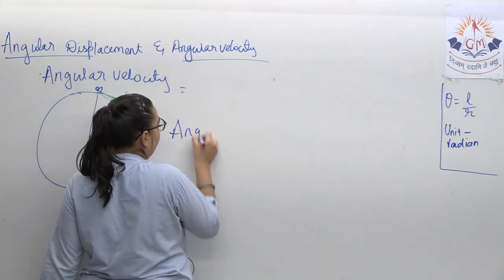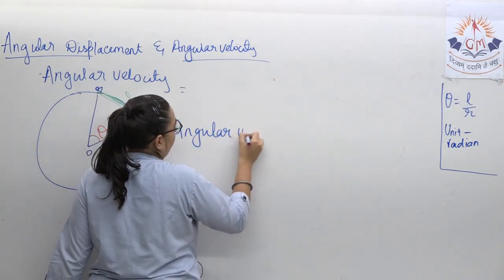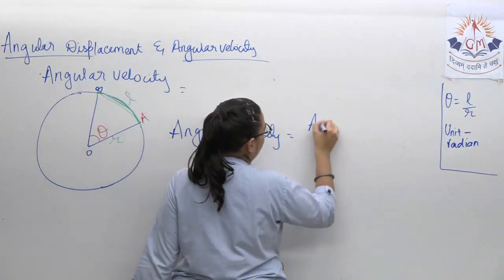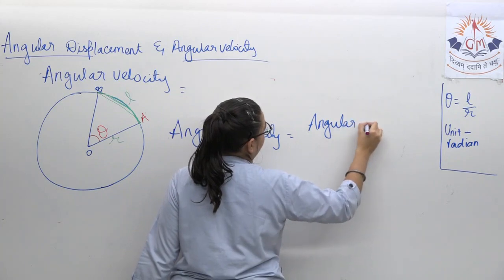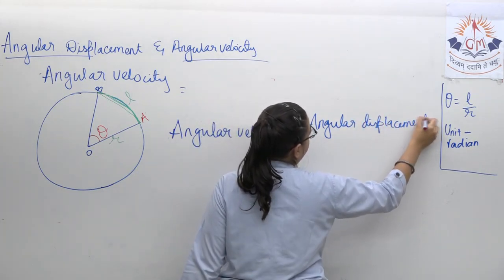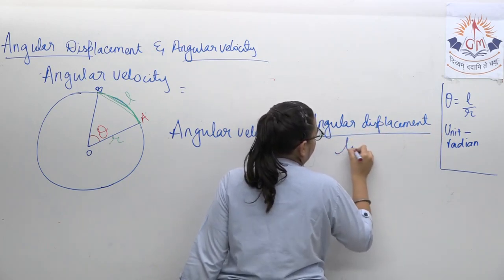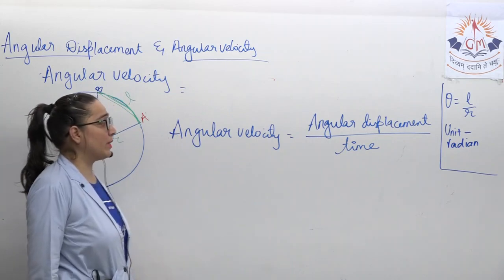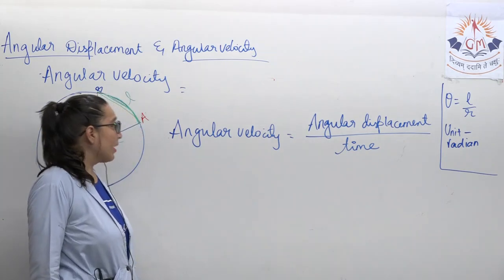Angular velocity is equal to angular displacement upon time.